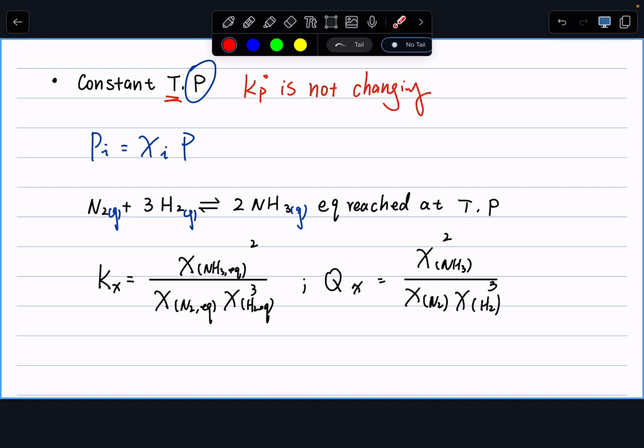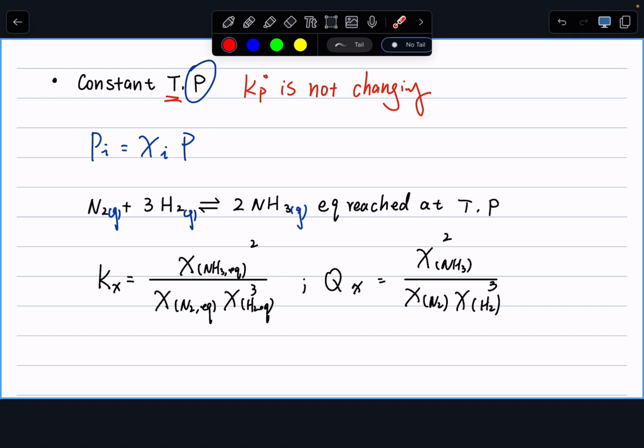H2 at equilibrium equals 1.00 mole. So we can calculate the mole fractions because we need those to calculate our equilibrium constant. My mole fraction of NH3 at equilibrium is 0.2, that for N2 is 0.6, and my H2 at equilibrium is 0.2.